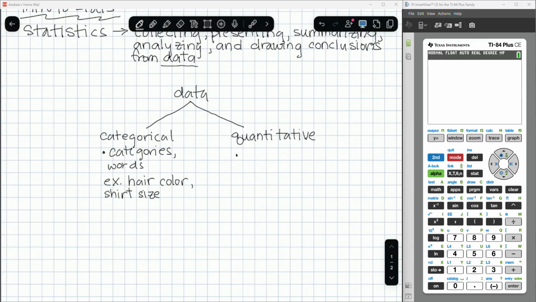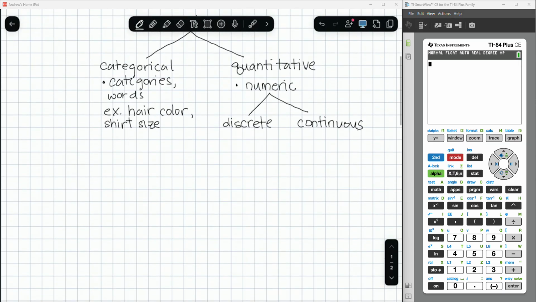Quantitative is numeric, strictly numeric. These are the numbers, and we can sort these numbers into two different groups. So quantitative or numeric data is either discrete quantitative data or continuous quantitative data. And the question is, what's the difference?